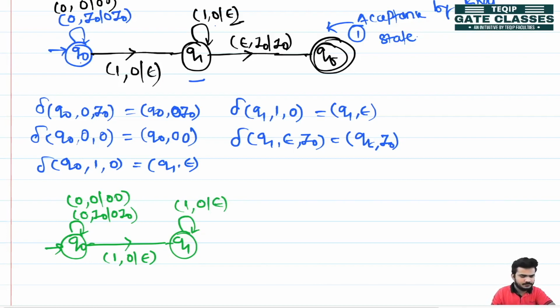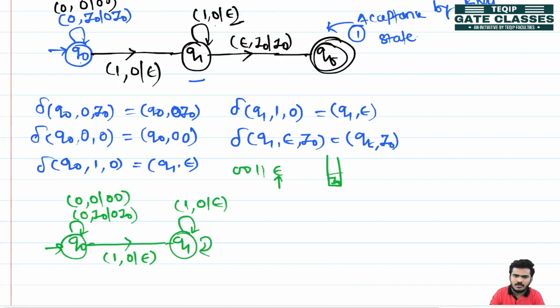And finally, what happened here? At the end we got 0 0 1 1. At the end we are left with epsilon and top of the stack is Z0. What we have done, we went to the final state and we accepted that. But in this acceptance by empty stack, what we will do is stay in this state only.